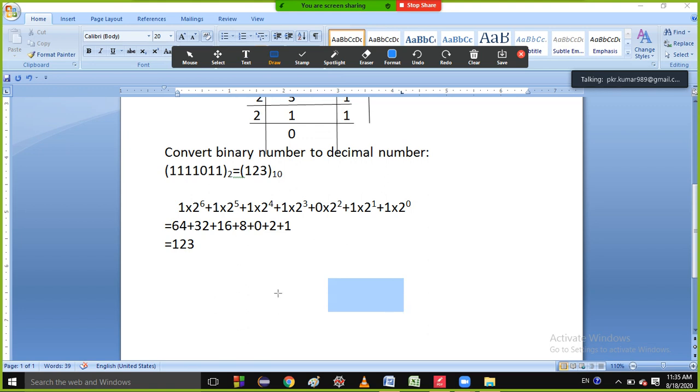Students, I am visible to you. So did you get your concept or not? 2 power 6 gives answer 64, and 64 multiply 1 gives answer 64. Is it clear right now?